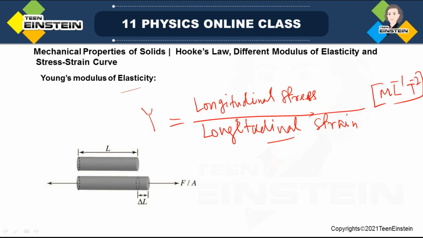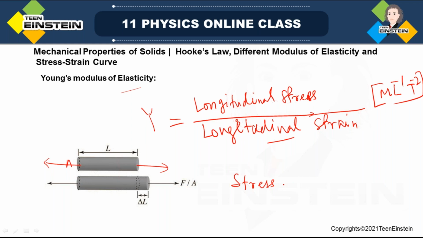Suppose we have a small wire or rod, which has initial length L and area of cross section A. Now, if we extend the length by applying a force along the direction of the length, force capital F, then the stress will be longitudinal stress, because we are applying the force along the direction of change in the length.